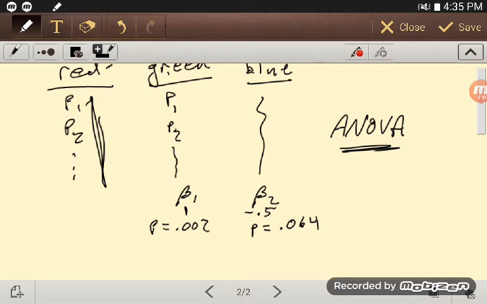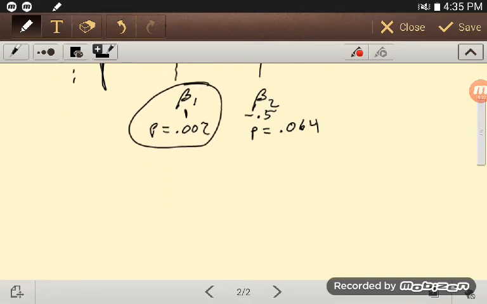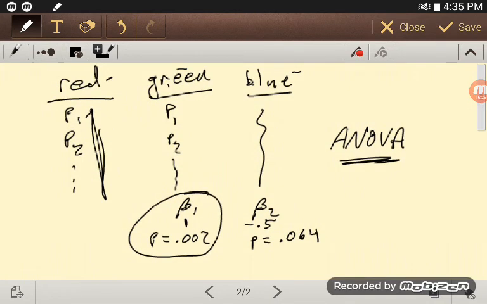Now, does that mean the blue is different from the green or not different from the green? Don't know. Okay, but this least squares analysis here said, hey, at least one of these was different, and it was that beta, that slope, the green average was different from the red.